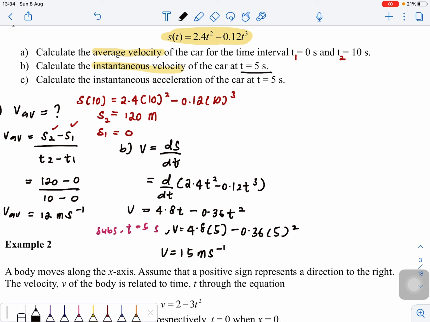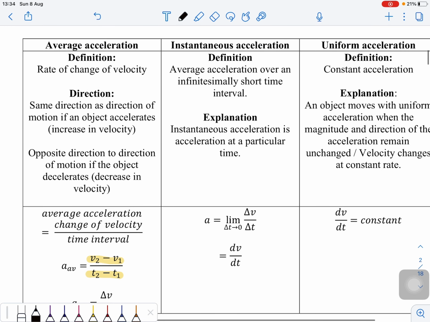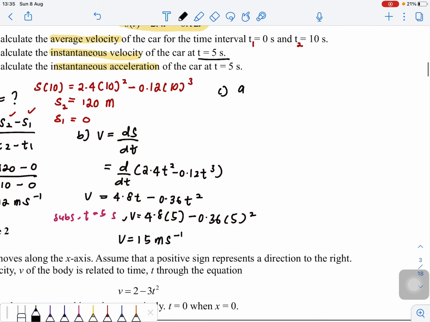Okay, and then last one, we want to find instantaneous acceleration. So, instantaneous acceleration, tengok semula formula. Instantaneous acceleration, which is equal to dv over dt. So, A is equal to dv over dt.